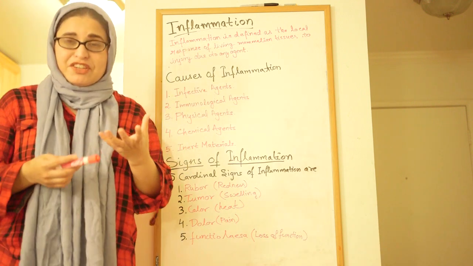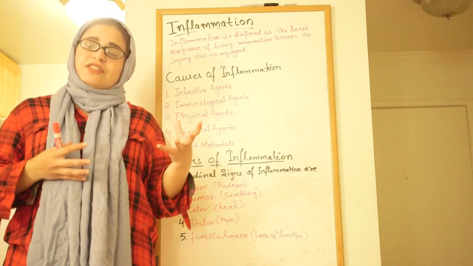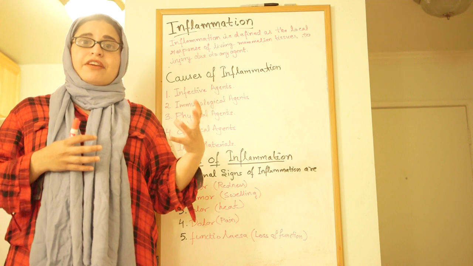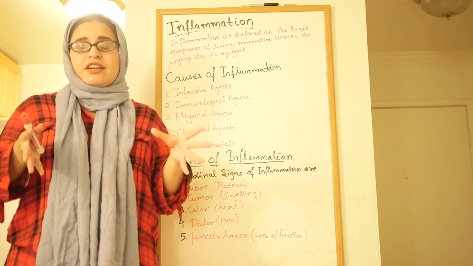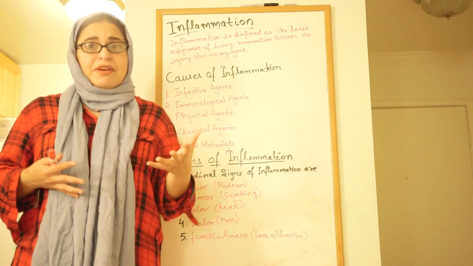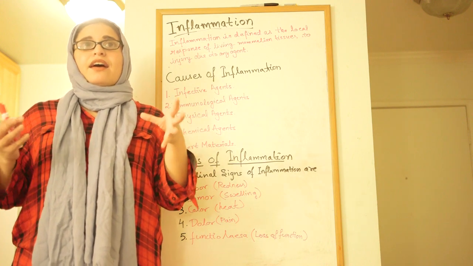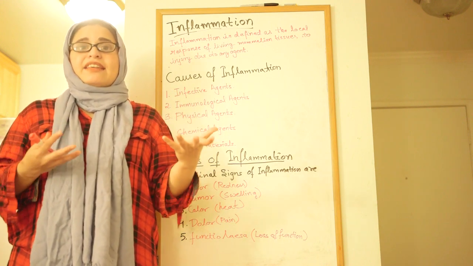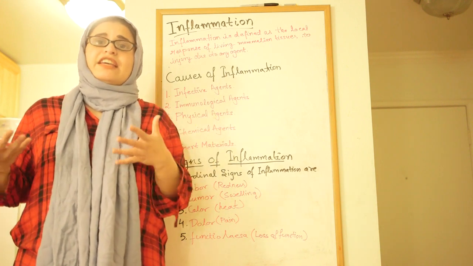What is inflammation? Inflammation is a local response by living mammalian tissues to an injury due to any agent. Inflammation is actually a defense mechanism. Defense against what? Against infectious agents or any injury.